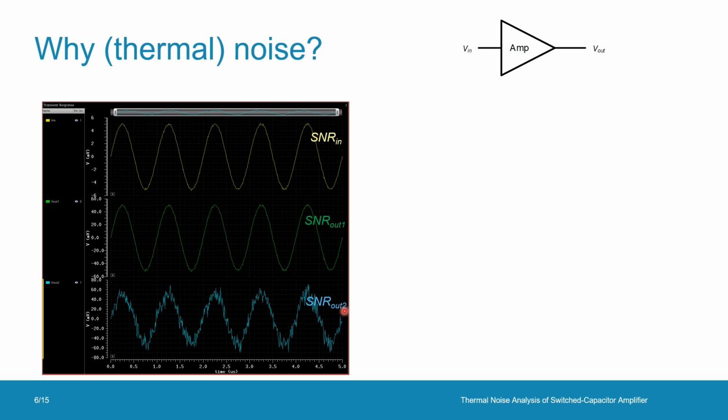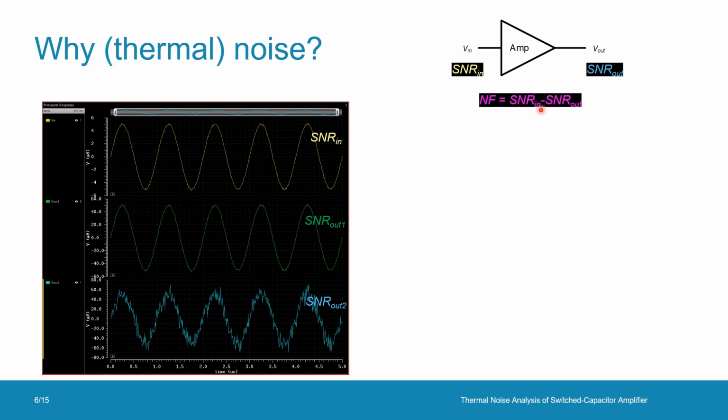So, ideally, we want to minimize the difference between the input SNR and output SNR. To quantify this, the metric of noise figure has to be introduced. Essentially, it's a measure of how much SNR degradation is introduced by the system.